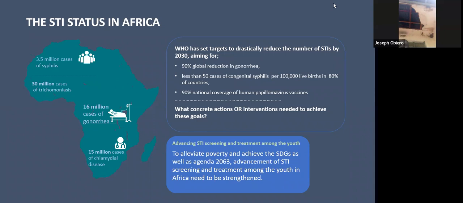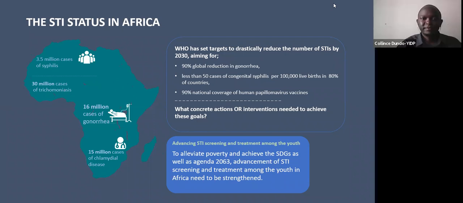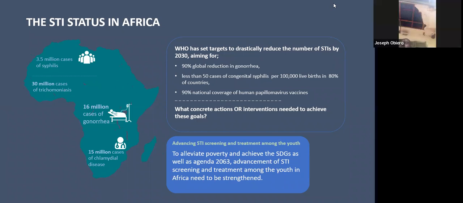Okay, the question is how we can help somebody to overcome the stigma. Yes. The stigma we can overcome through health education. Us as healthcare workers, we need to do health education.